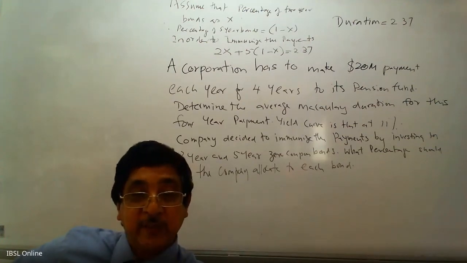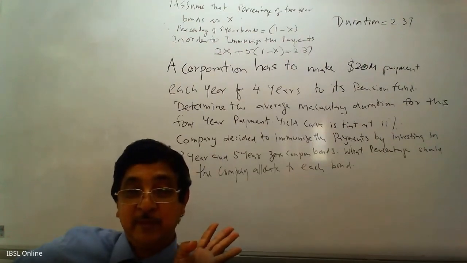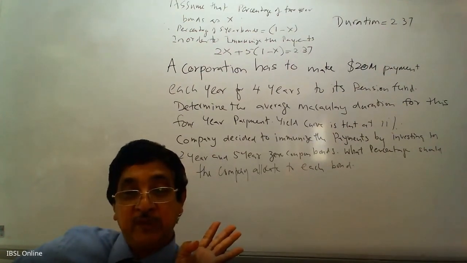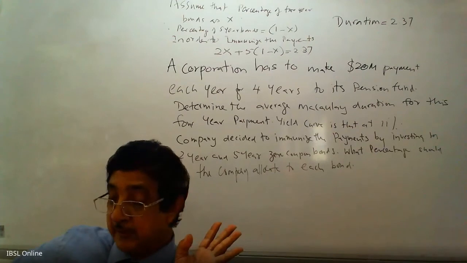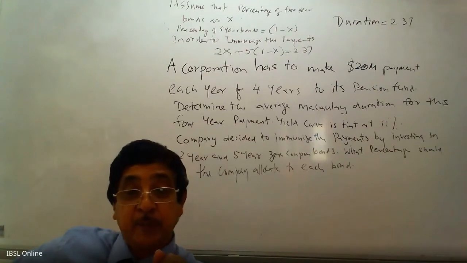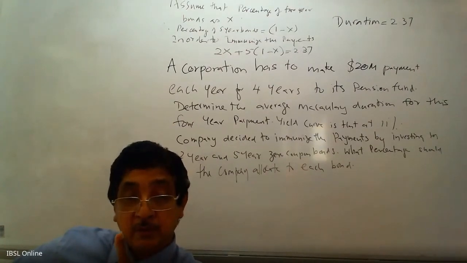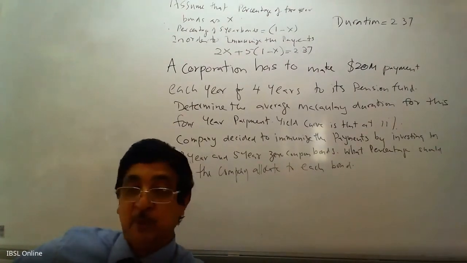So that is what you mean by immunization, right? Very good. Now your workings are okay. You did good workings, and the only thing is we can put it into an approximated level. So you can say 88% of 2-year and 12% of 5-year bonds.